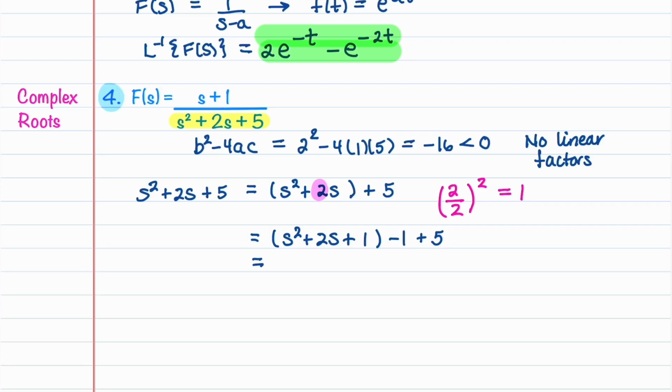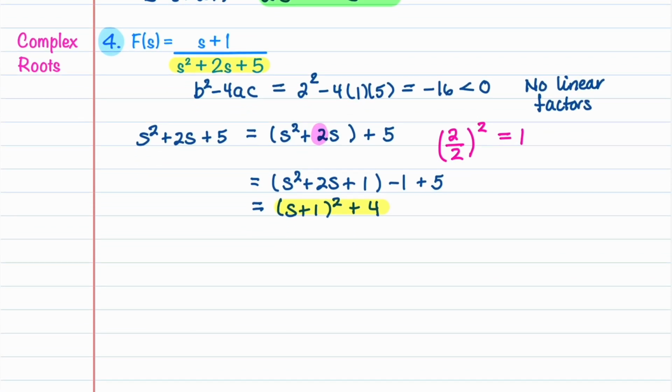Now we're going to factor this. This becomes s plus 1 quantity squared, and then minus 1 plus 5 gives us plus 4. So our denominator is now equal to this expression. Let's write that down. We have capital F of s is equal to s plus 1 all divided by s plus 1 quantity squared plus 4.